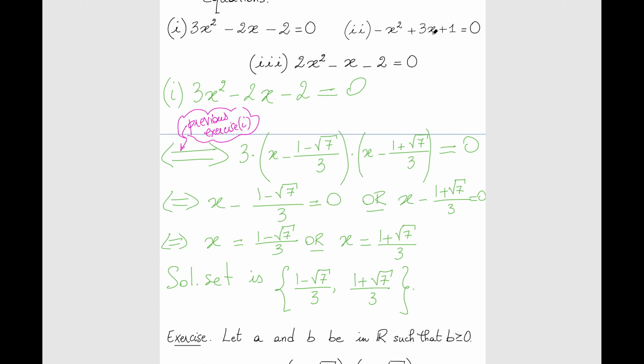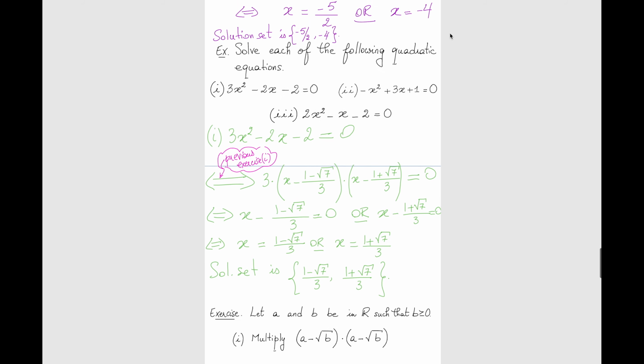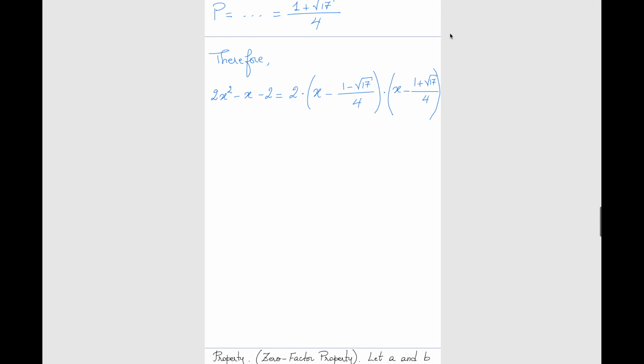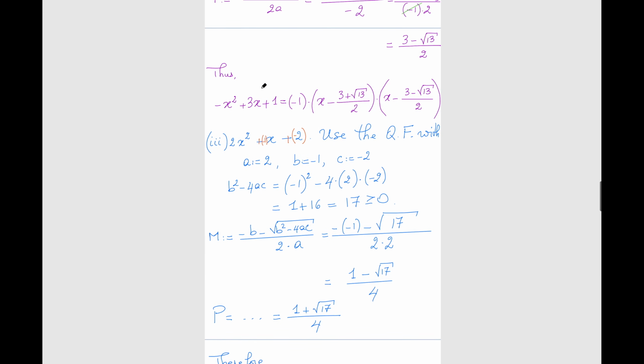For part 2 now, negative x squared plus 3x plus 1, as I told you, we've done all of these before. Negative x squared plus 3x plus 1 is the second part in the previous exercise. It's right there, right? This is the factored form.